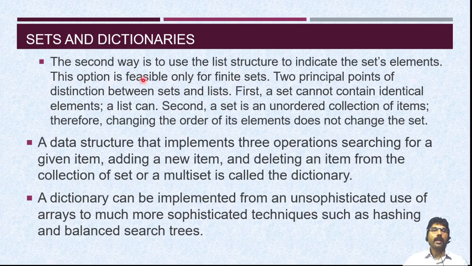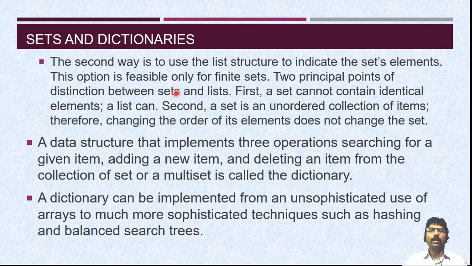The next technique is using a linked list or list. By creating a list of elements, we create a set. But a linked list has some differences from sets. A set has no order; you can arrange the elements of the set in any order.